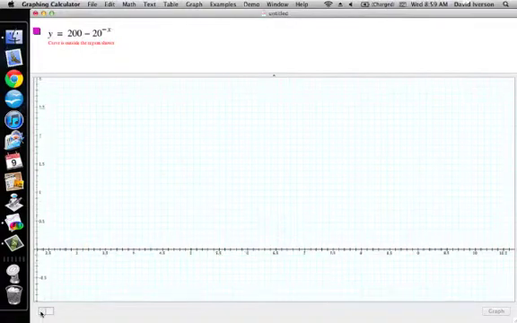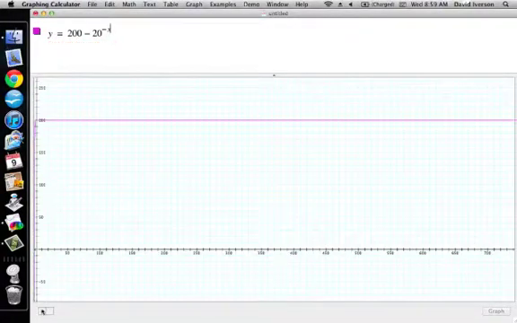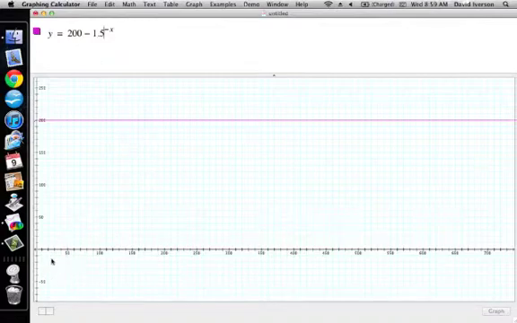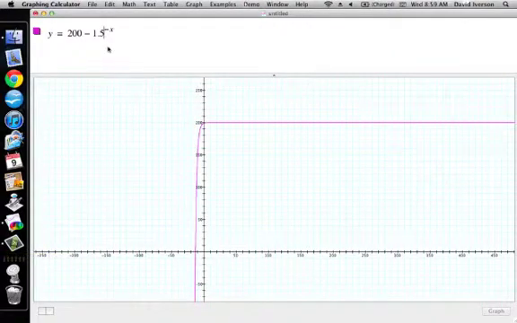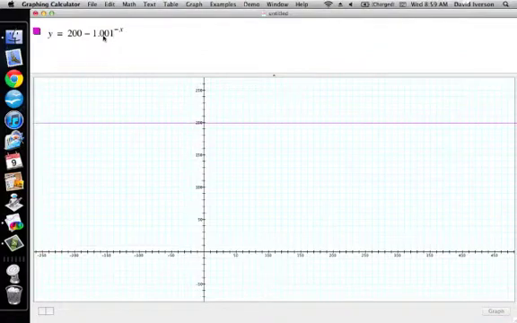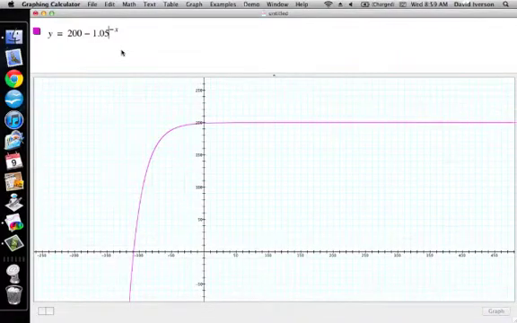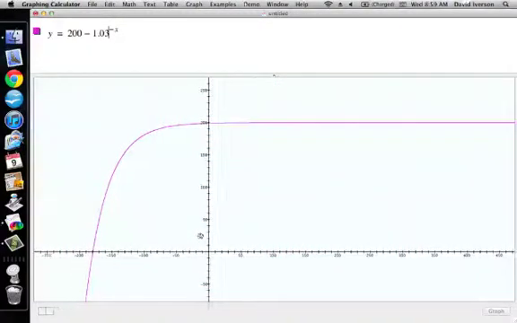Let me see if this works. Let's do this, 1.5. I think I want it this way. That's getting closer. There. Okay, that's what I want to look at.